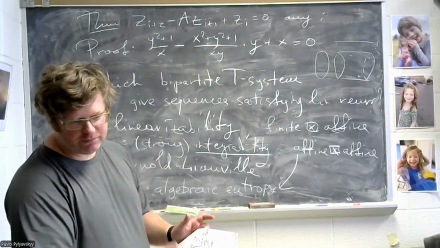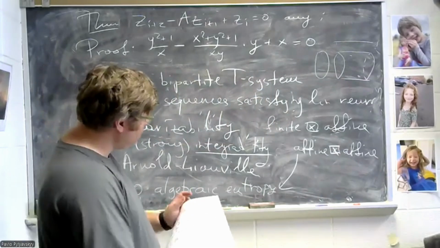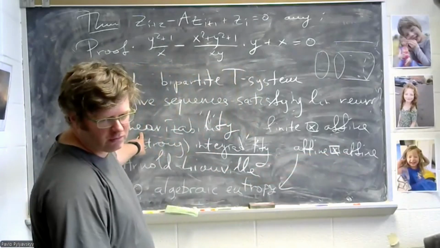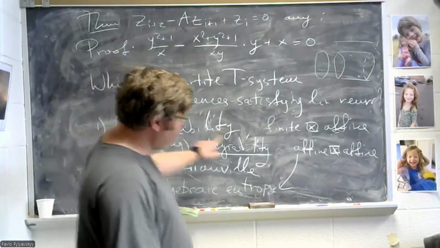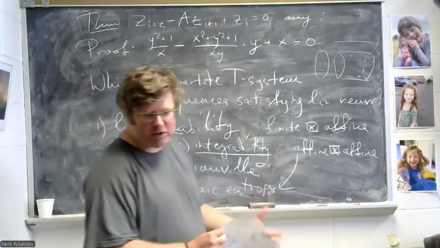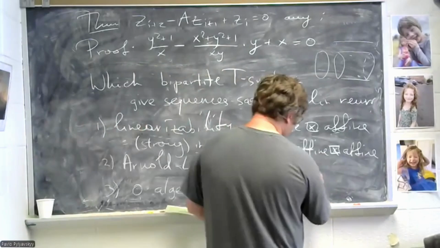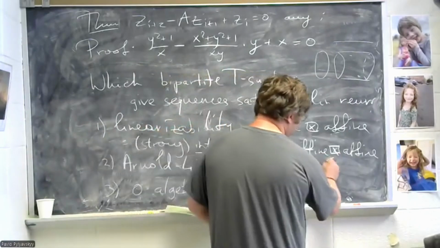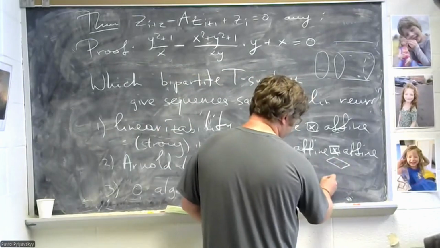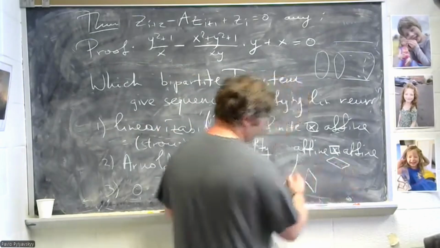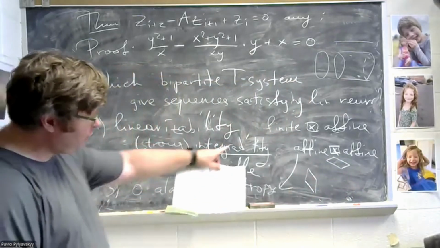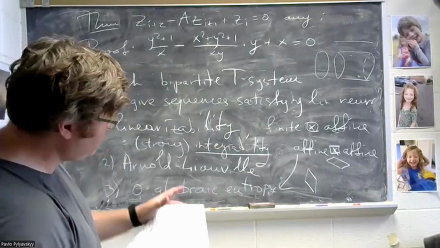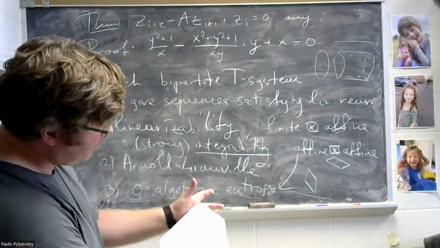That's what Zamolodchikov noticed. If you are finite times affine, you will have this linearizability property. And if you are affine times affine, does everybody understand what affine times affine means? An example would be just the tensor product. You have an affine Dynkin diagram, you have another affine Dynkin diagram, and then you take the tensor product. If you take two type A, that will be like a circle times a circle, which is a torus. So those will look like square grid quivers on a torus.